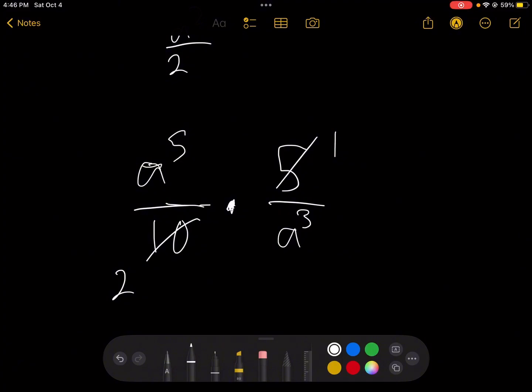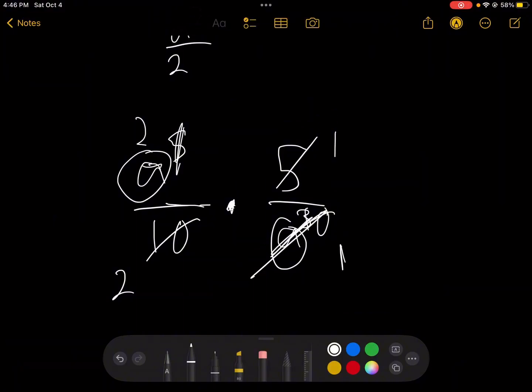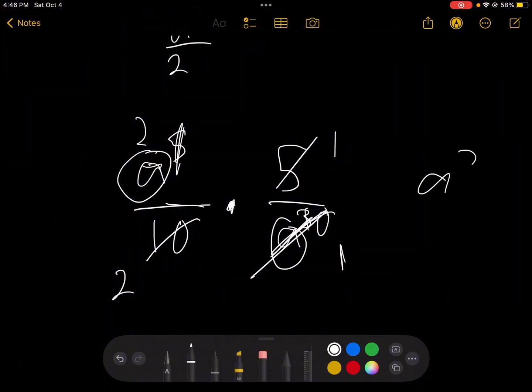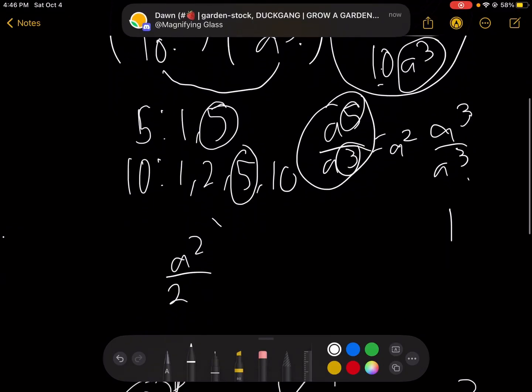They have the same variable, right? So you just have to subtract the exponent. 5 minus 3 would be 2, and then 3 minus 3 would be 0. So if this is canceled out and equal to 1, you just write the final thing. So this is a squared over 2, the exact same answer as we did here.